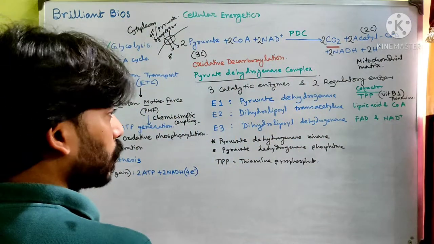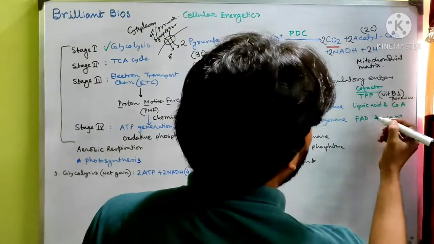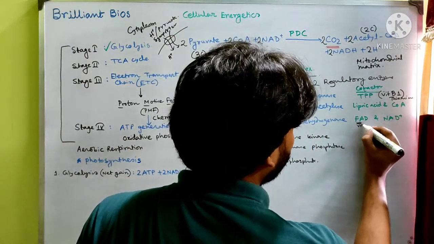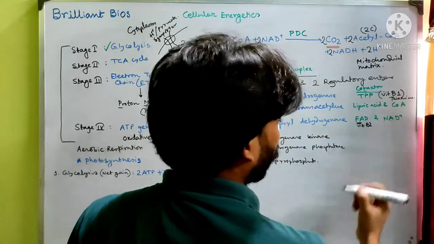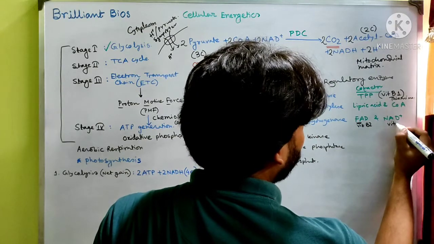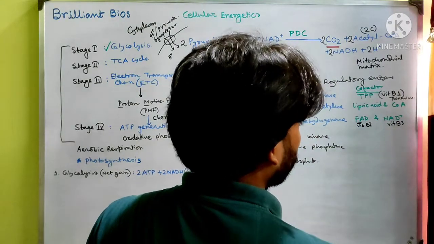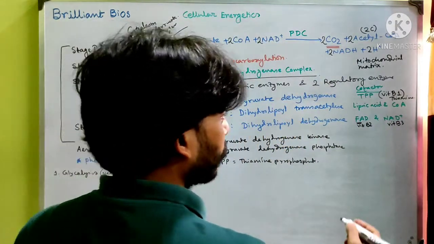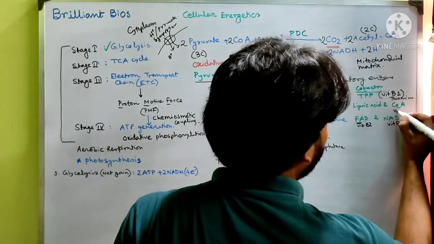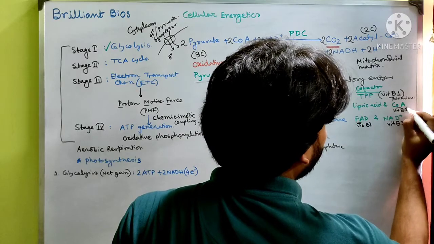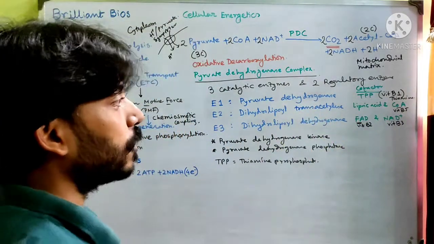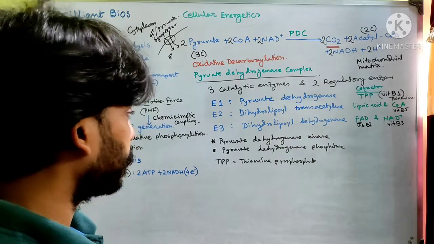Now this FAD is a derivative of vitamin B2, that is called riboflavin. This NAD plus is a derivative of vitamin B3, called nicotinic acid. And this coenzyme A is also a vitamin B, called vitamin B5, pantothenic acid. So these are all derivatives of vitamin B.